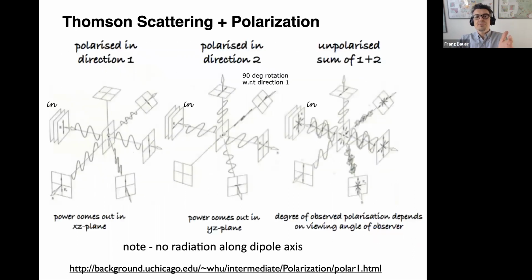Right, so coming back to this. This oscillation vector dictates in what plane the radiation will be scattered out. And so there will be no radiation scattered in this direction for this particular geometry. What this is doing is picking out certain polarizations and preferentially scattering them in this direction.